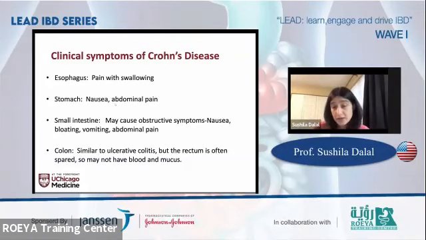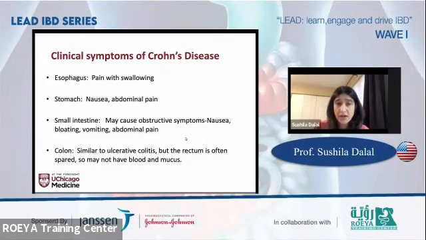In Crohn's disease, the rectum is often normal, and the inflammation starts a little bit higher up in the colon, and the inflammation is usually worse in the right colon. So it's possible that while the Crohn's colitis patients may have diarrhea, they may not have blood or mucus in their stool because of their normal rectum.